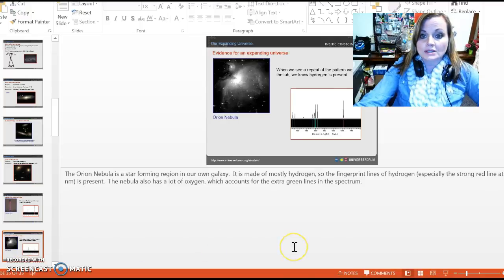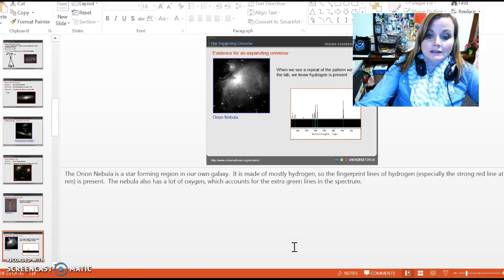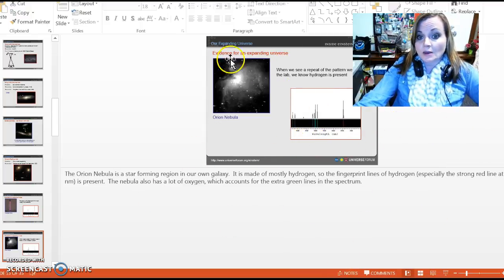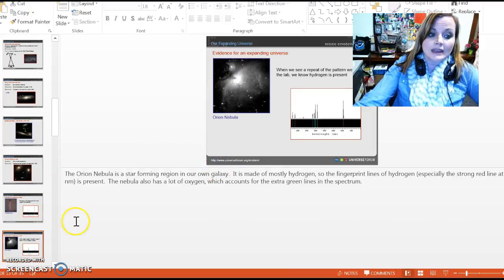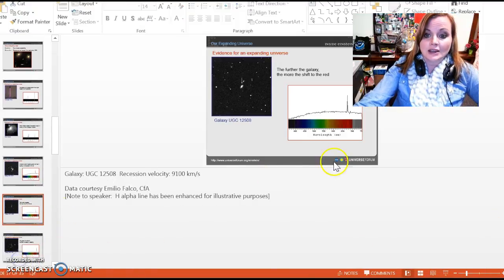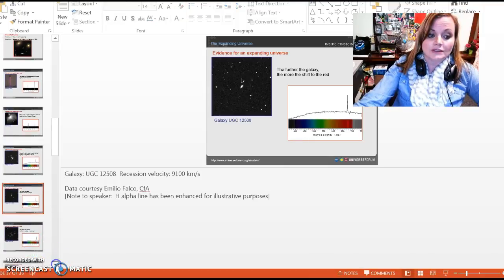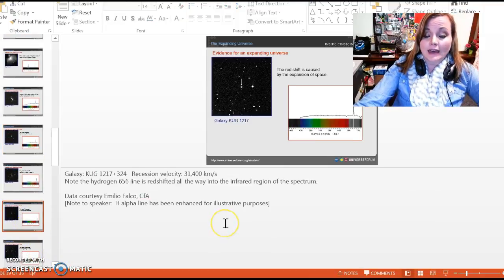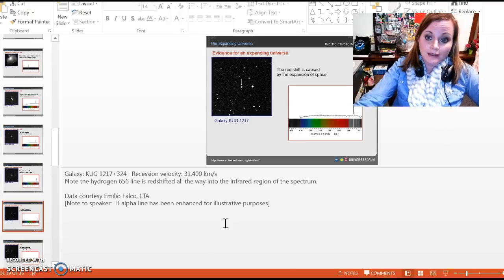I talk here about the redshifting of stars in other galaxies. Actually, this is specifically talking about just the hydrogen lines from the spectroscopy that we see within our own galaxy, and then we go a little further on and we discuss what a redshift is and where we see redshifting light outside of our galaxies, and how the more that light is redshifted, the faster away that source of light is actually moving away from us.